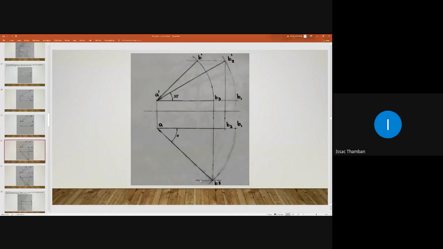For that, through point B3, you draw a horizontal line, and that is our locus of B. Draw the locus line like this. Through point B3, you are drawing a horizontal line, which is the locus line.